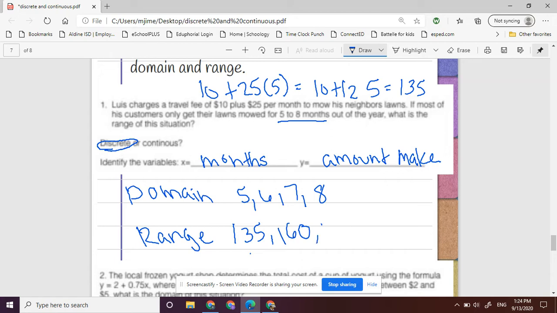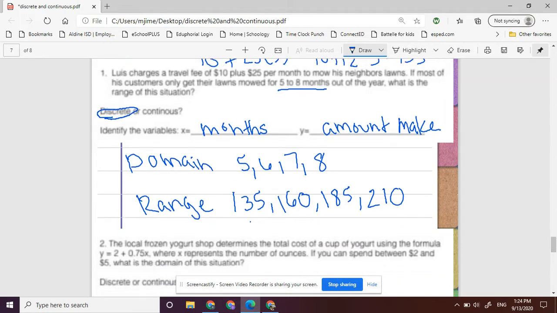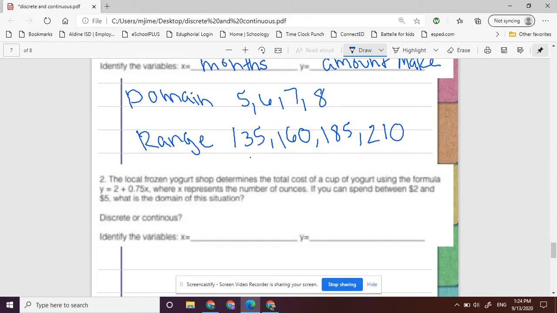All right, we add 25 again, that's 185. We add 25 again, that's 0, carry the 1, 210. So those are my values. I kept adding 25 because that's what he was going to charge for every additional month. And that's how much he's going to get.